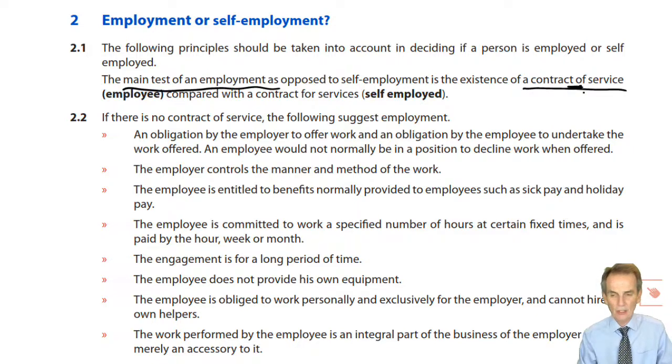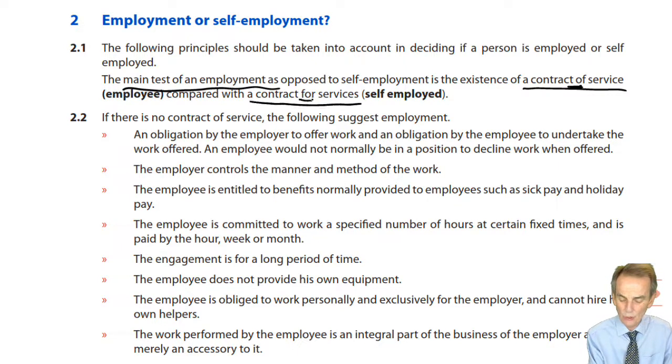If it is a contract of service, you are an employee. If, on the other hand, it is a contract for your services, then that makes it self-employment, and therefore trading income rather than employment income.